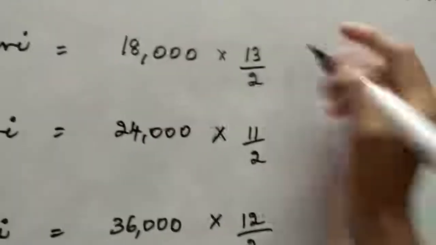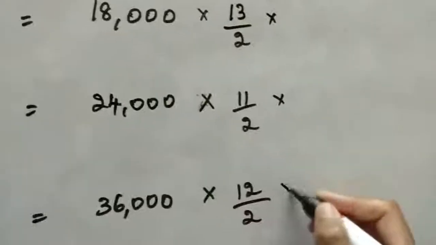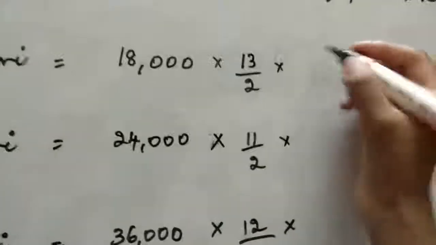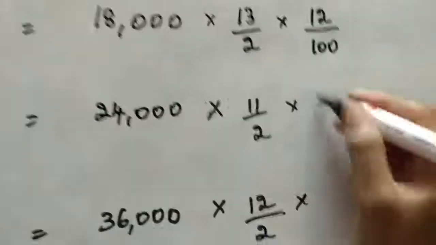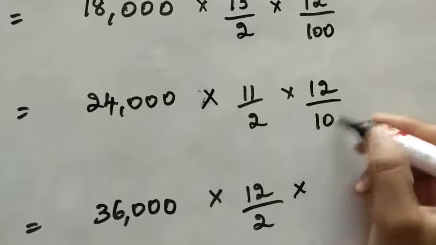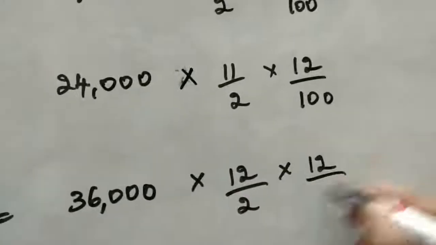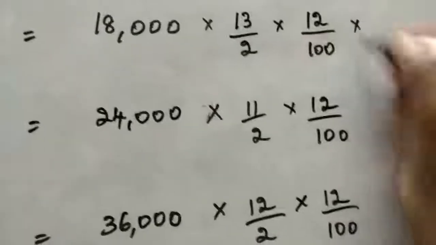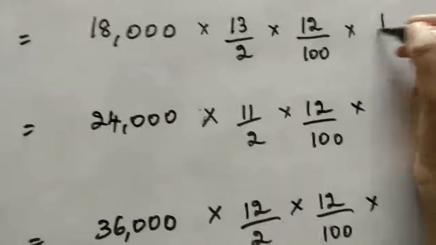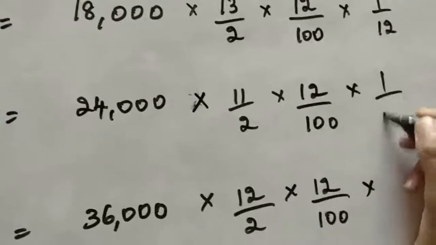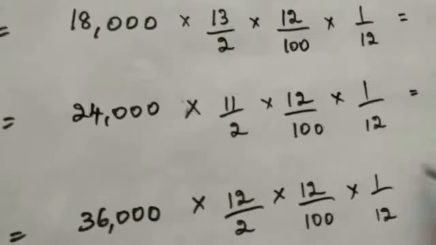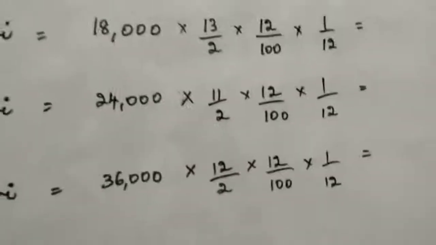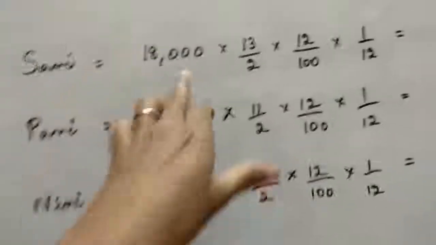Next, the rate of interest is no change for each partner. It is the same 12% into 1 by 12. Now we are going to find out simultaneously the interest for each partner. So calculate these and find out the answers.